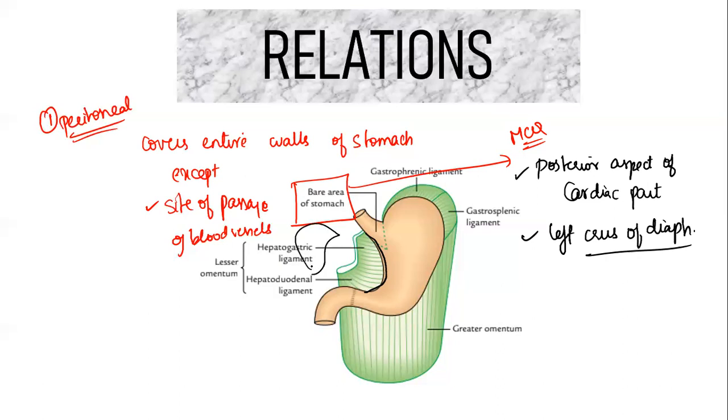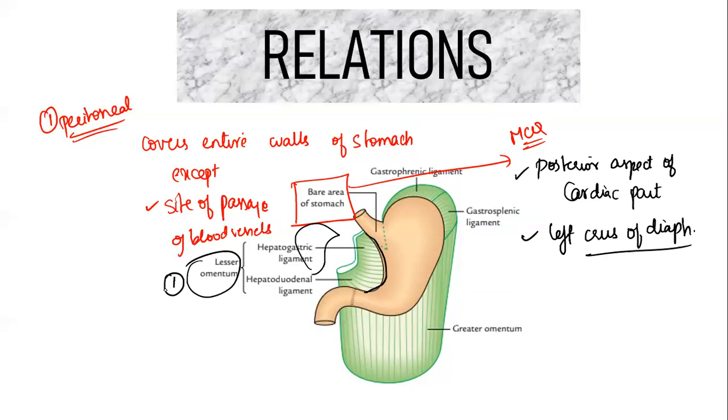So there is a peritoneal modification that connects the lesser curvature of the stomach to the liver. That one is called the lesser omentum. So along the lesser curvature, you have got only one peritoneal fold, that is called the lesser omentum.